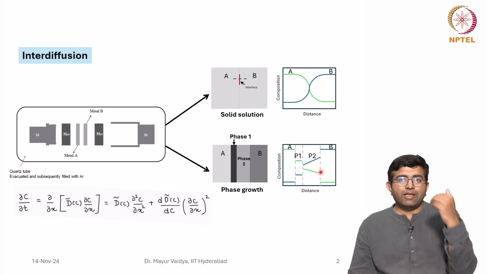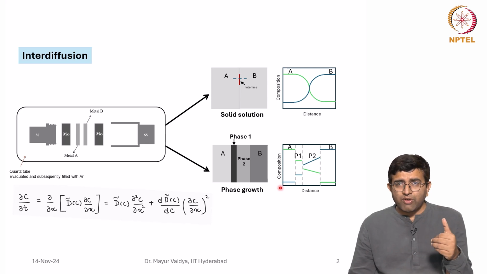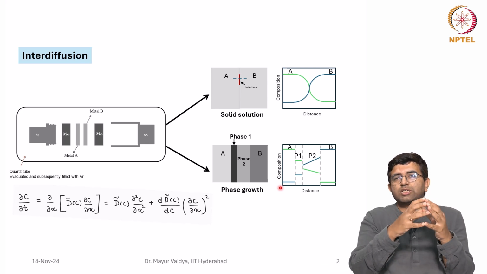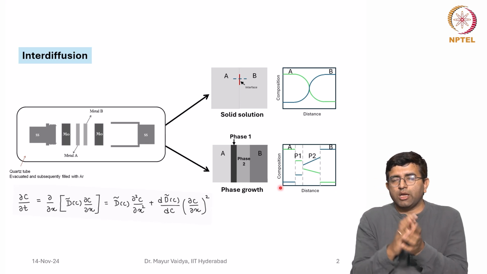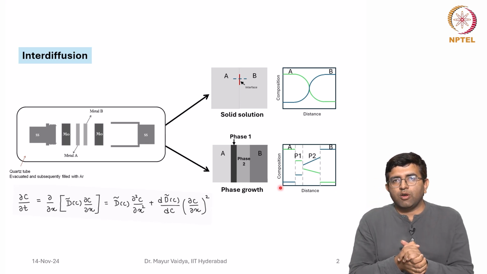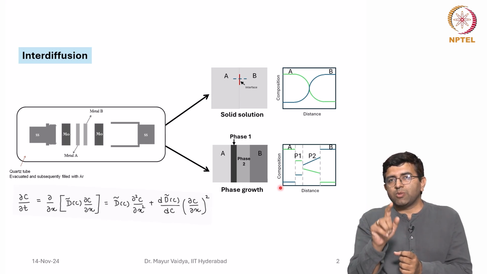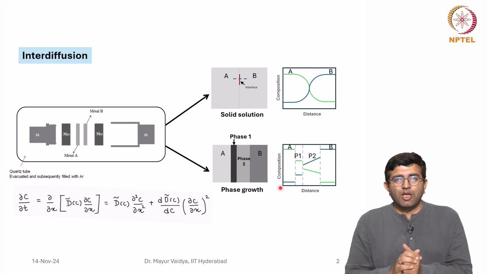If you recollect Fick's laws, where we first wrote ∂C/∂t = D ∂²C/∂x², the second law of Fick in the simplest form, the assumption there was that D is independent of the concentration.